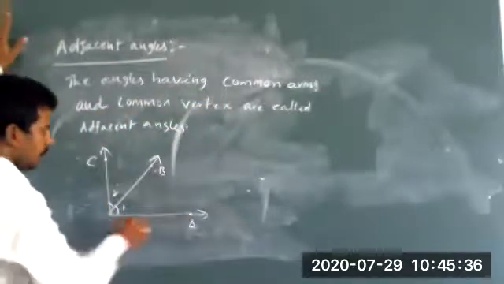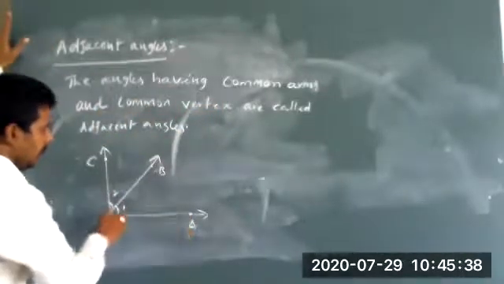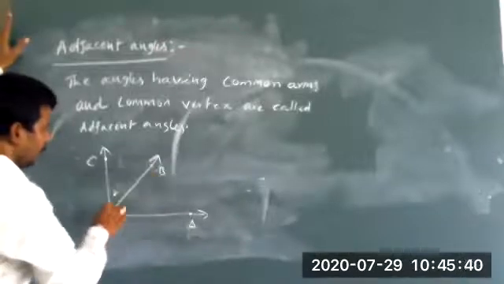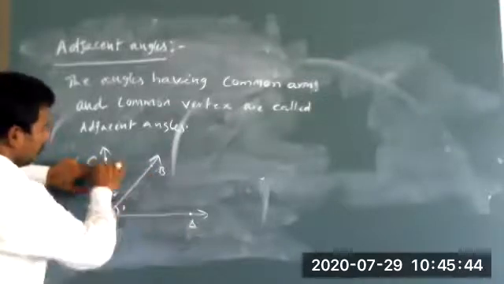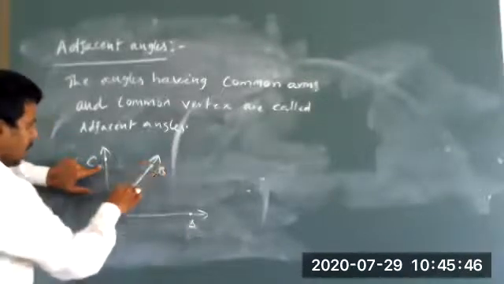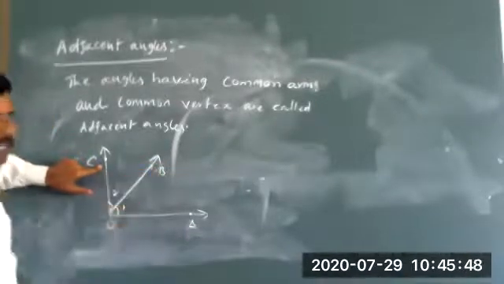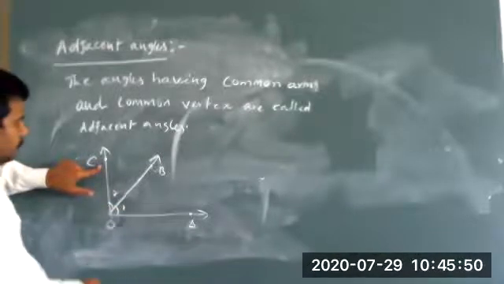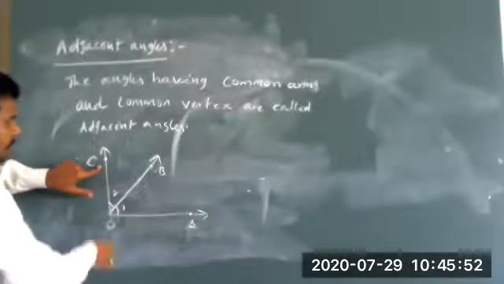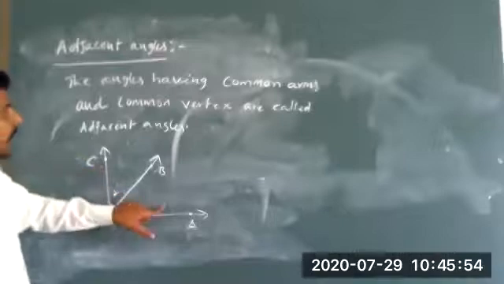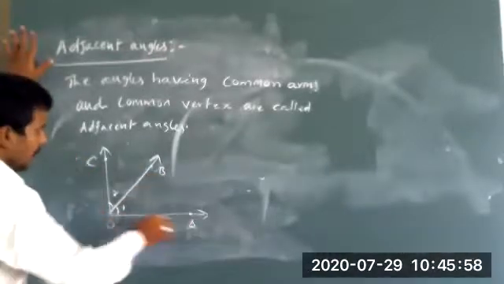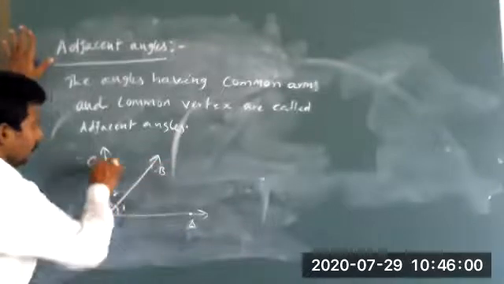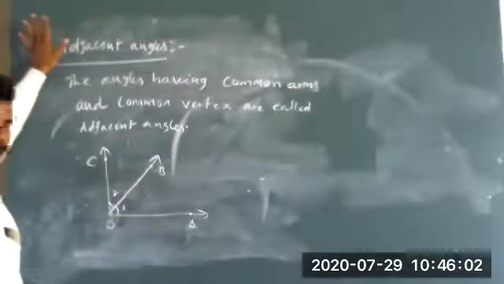For example, angle AOB and angle BOC. AOB and BOC. What is the common arm? OB is the common arm. So the common vertex is O. So common arm and common vertex are called adjacent angles. AOB and BOC are adjacent angles.